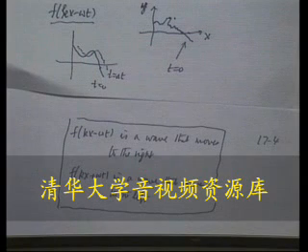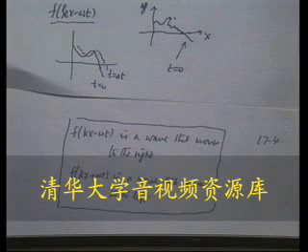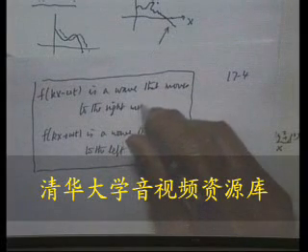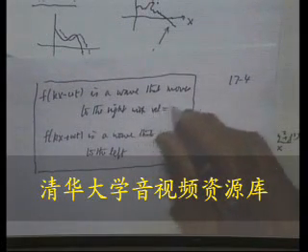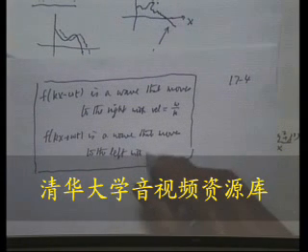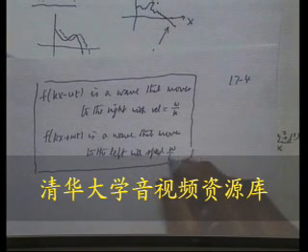Because f of 0 occurs at x equals 0 when t equals 0. At t equals 1, if you want the same f of 0, you put kx minus omega equal to 0, so x is equal to omega over k. So the wave moves to the right with a velocity, with speed, omega over k.